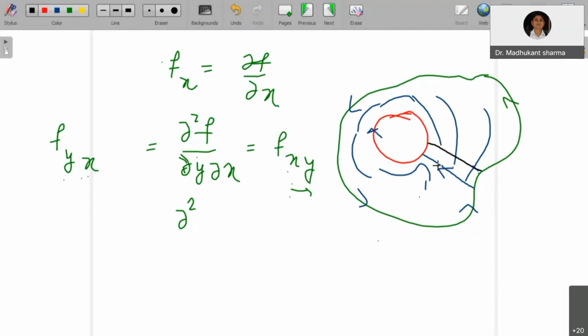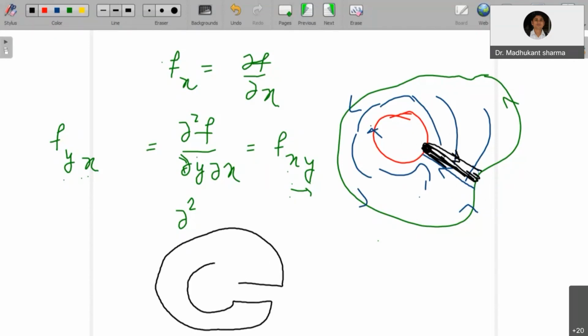You make a single cut here, and after the cut this part is removed. When you open it up, it is an open space, with only one cut. This is a curve, and you have a domain. You will obtain a domain like this. This is simply connected.